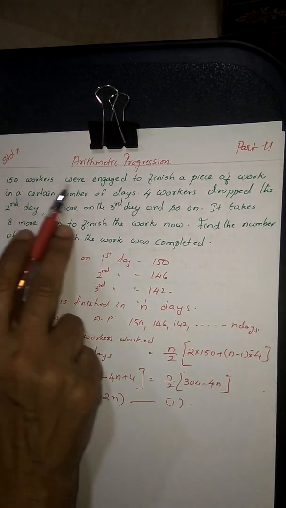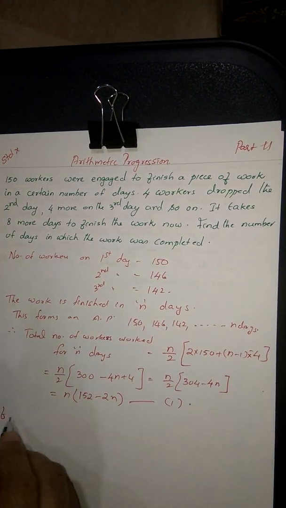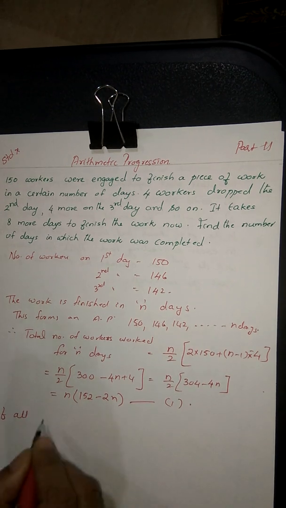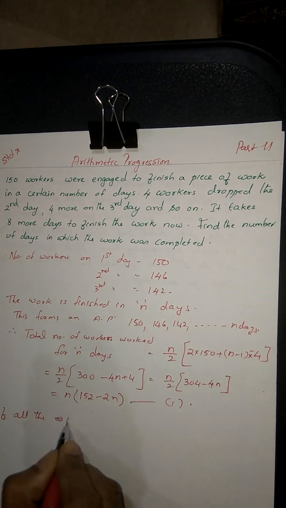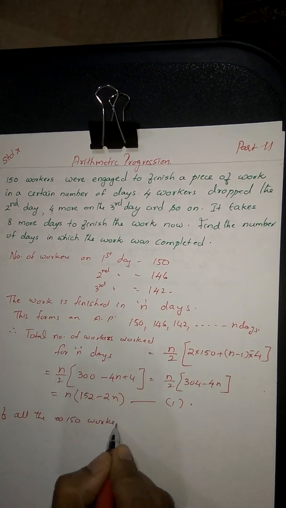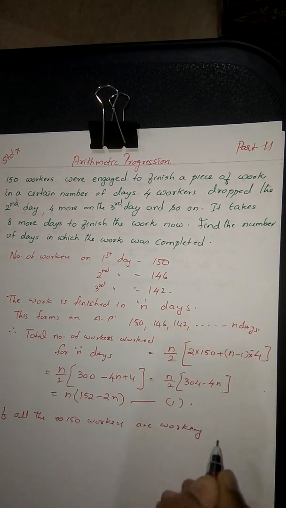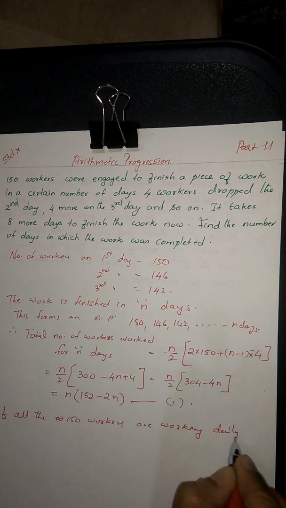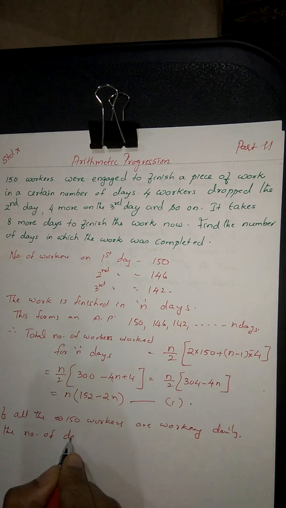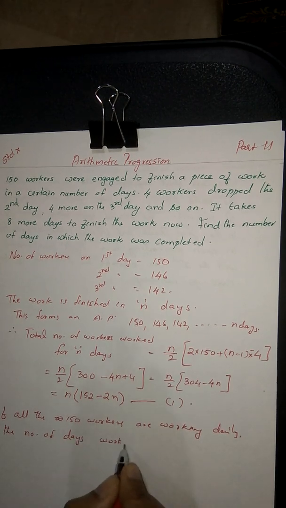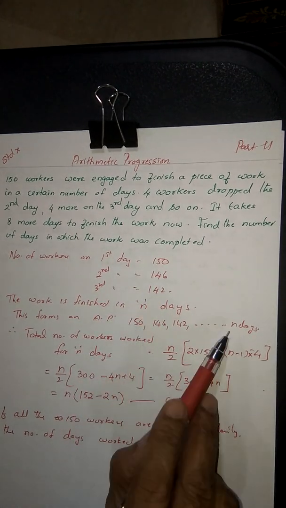Now if all the 150 workers are working daily, then the number of days worked will be different. When the number was decreasing, they took n days.